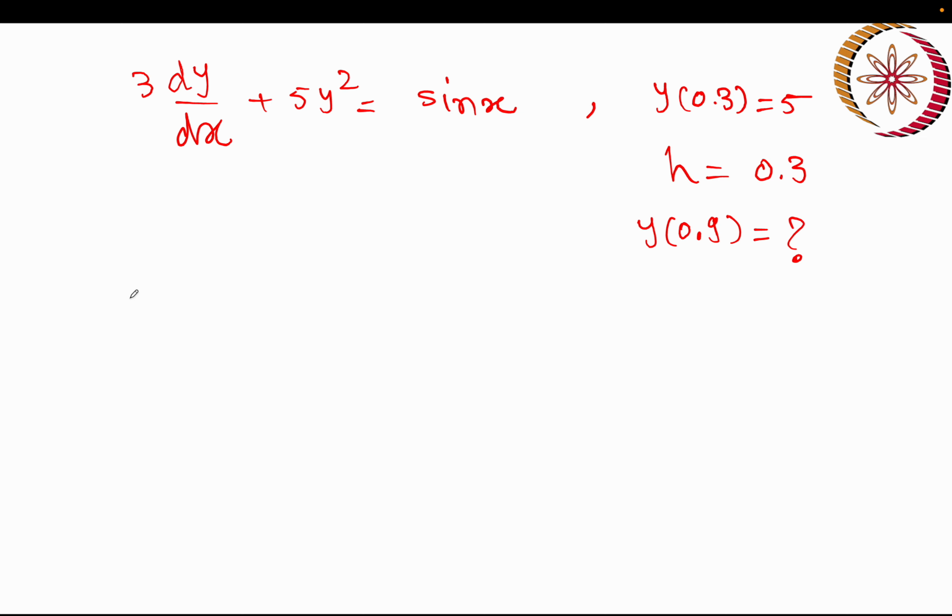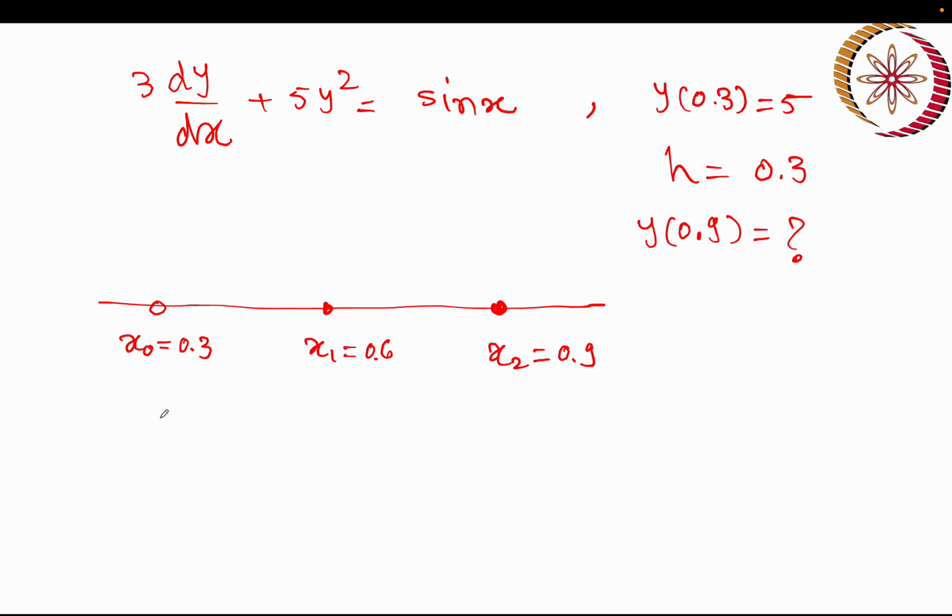There are only a few steps we have to take. Let's say x0 is 0.3. If we add the step size, x1 is equal to 0.6, and the next step gives x2 equal to 0.9.